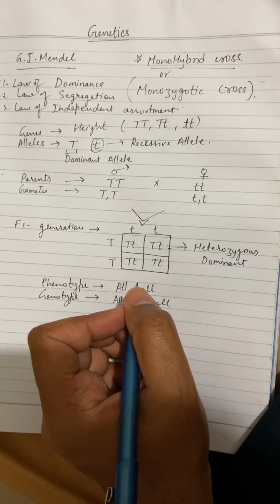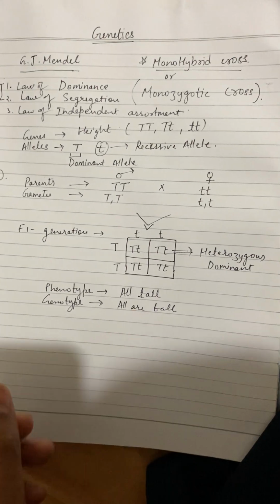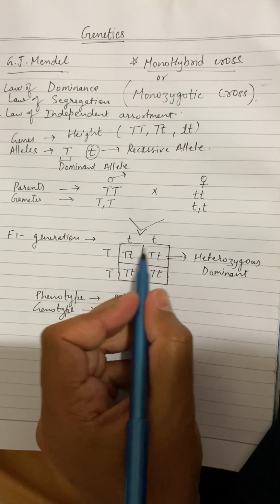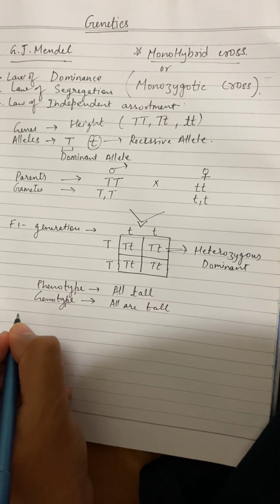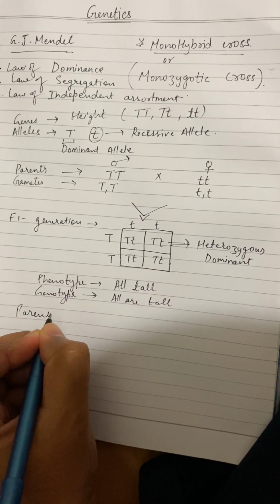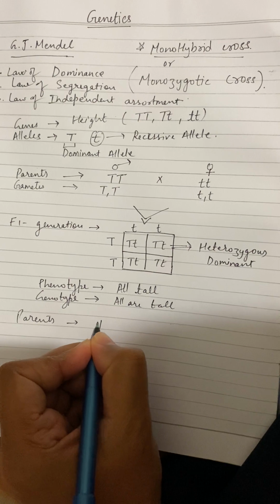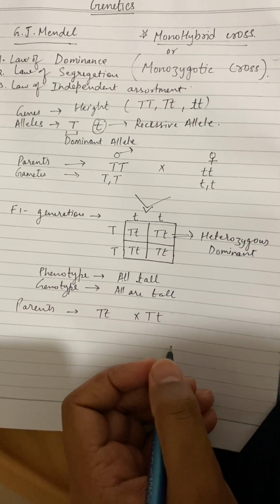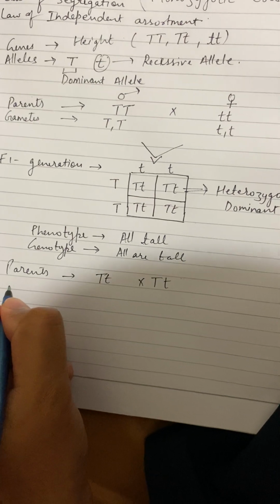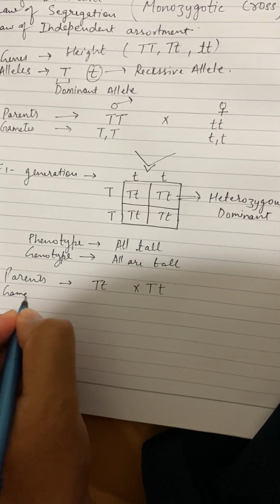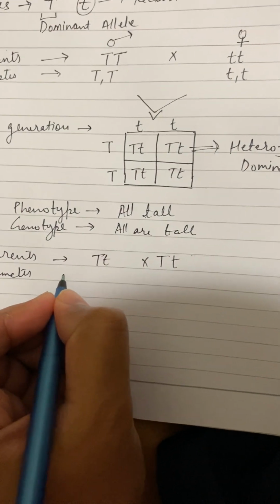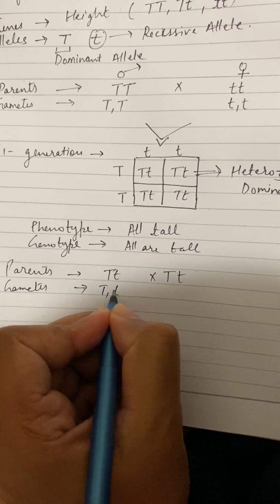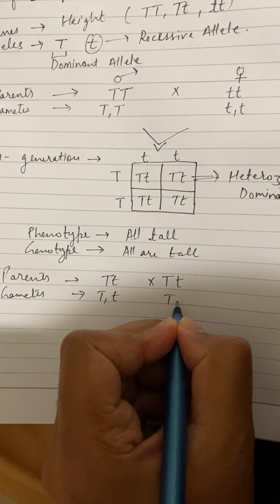Suppose I'm making parents again and taking capital T small t and capital T small t. Guess what will happen in the gametes? This time, gametes will be capital T and small t from each parent.